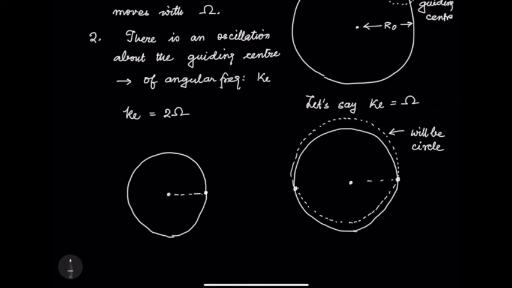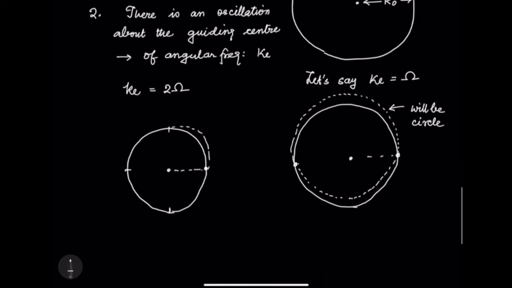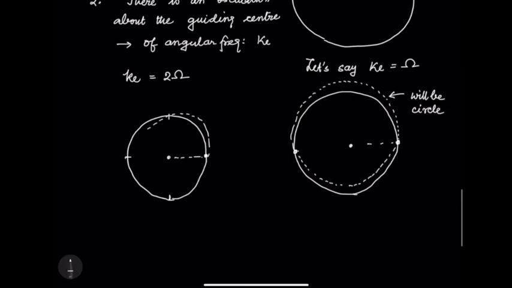Kappa is 2 times, so it completes the rotation 2 times by the time 1 omega rotation is completed. So if I just draw this, in this part it is outside, this part it is inside, and then again it is outside, and then again it is inside.